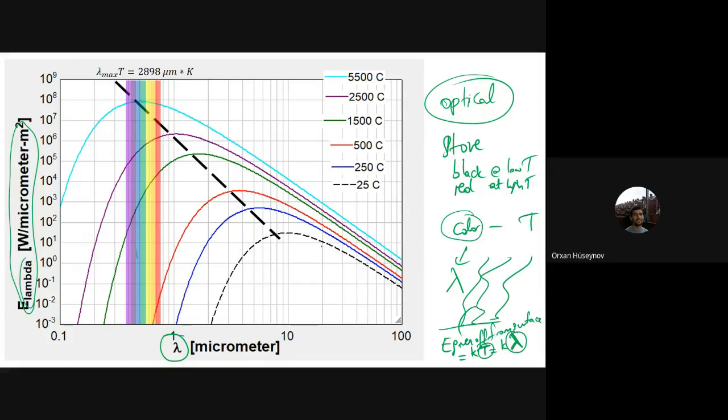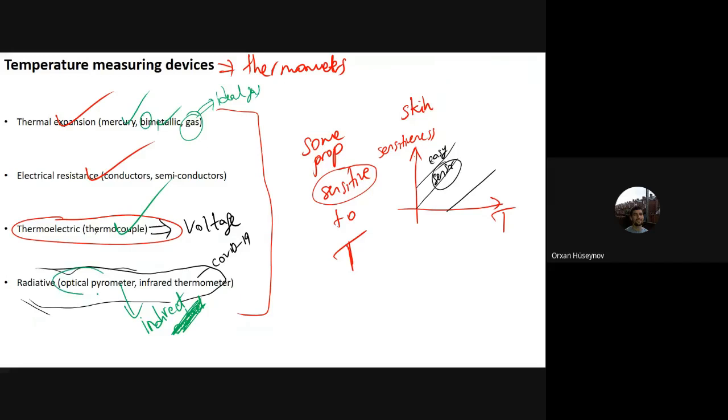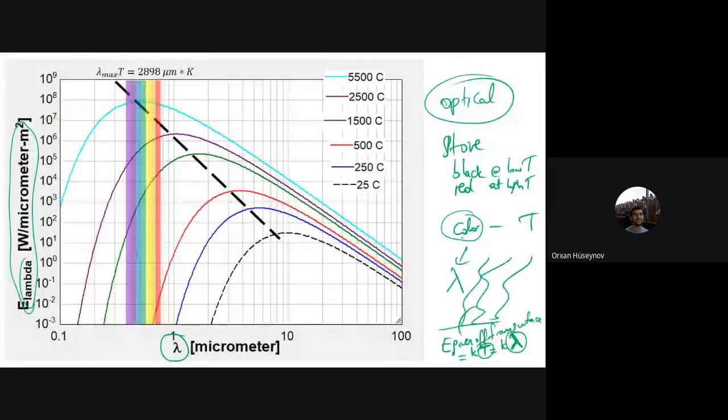Very good. But for optical thermometers, this one, the pyrometer, this is industrial, and it is more advanced. In this case, you are not using the lambda emitted from the surface, but you are using the color of the surface. Say that the color of the surface is red, and you have a lens.